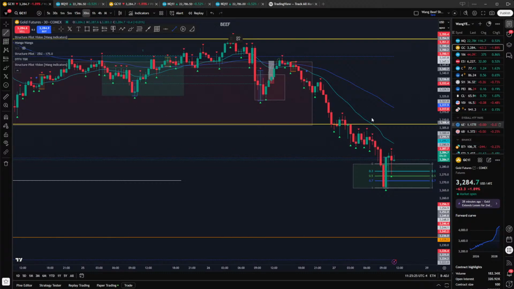Yeah, it depends. If price can close above here, we might be able to see this high right there. It all comes with the close.